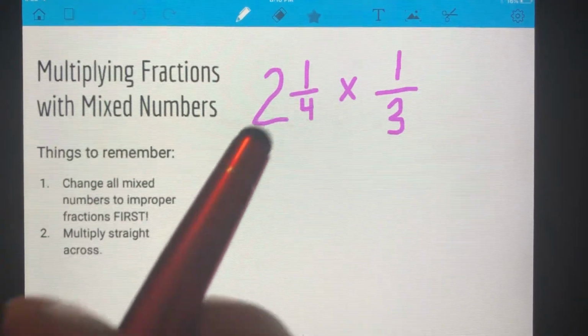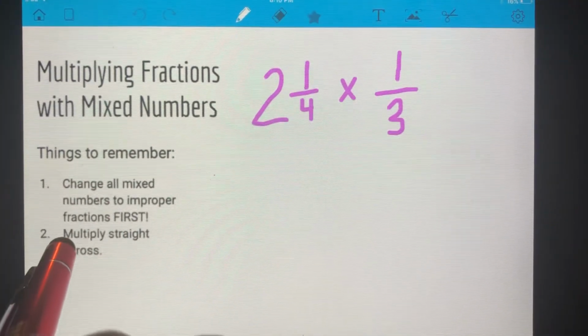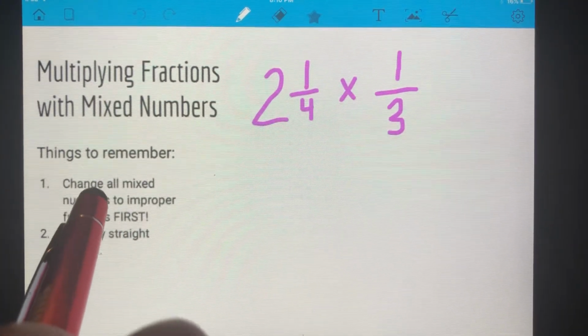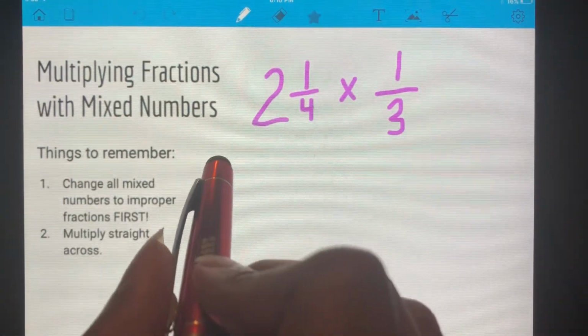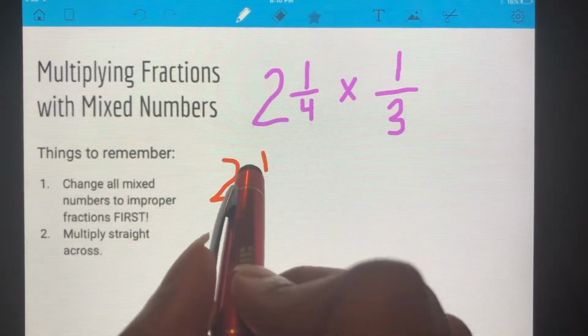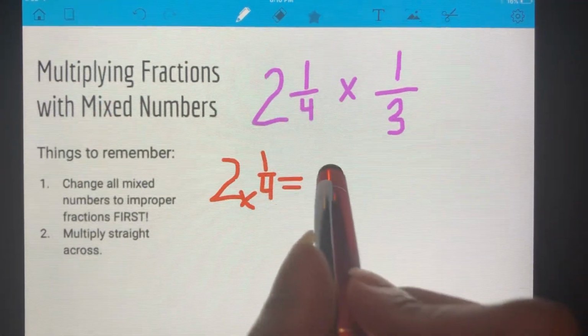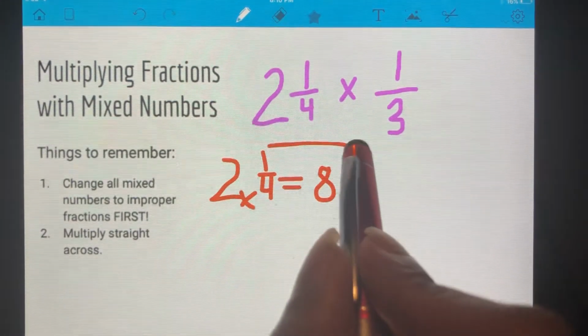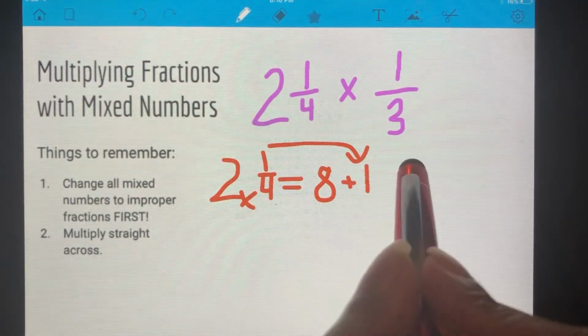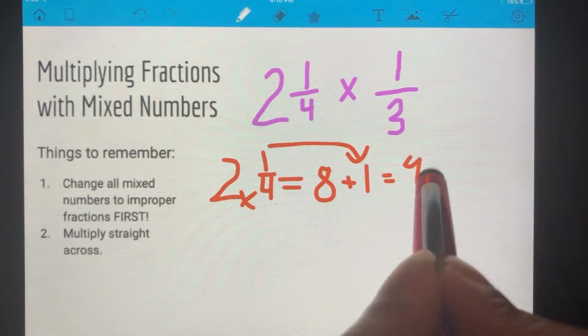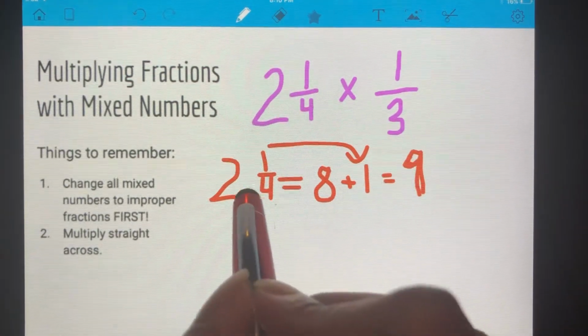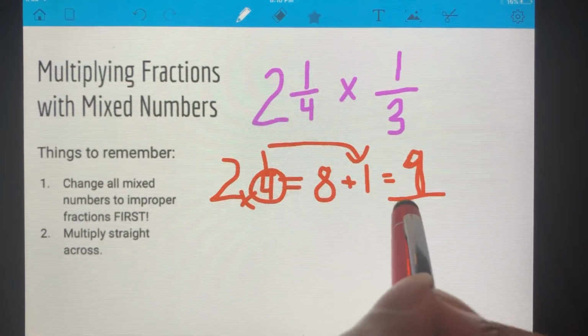So what are we going to do? We are going to change this. So we're going to rewrite it. 2 and 1 fourth. We multiply the whole number and denominator. That gives you 8. We add this. That gives you 9. And we keep our denominator.